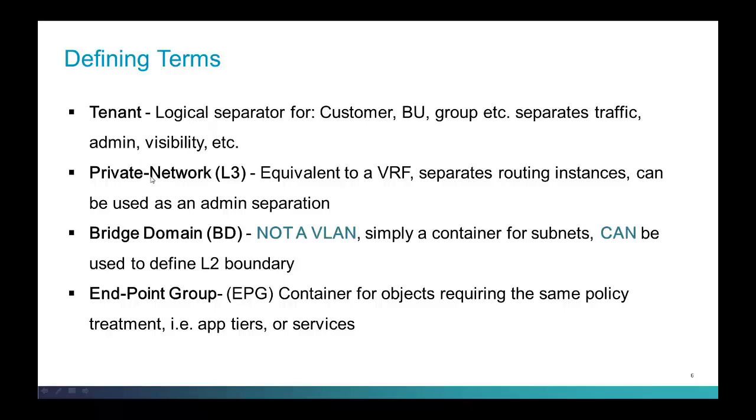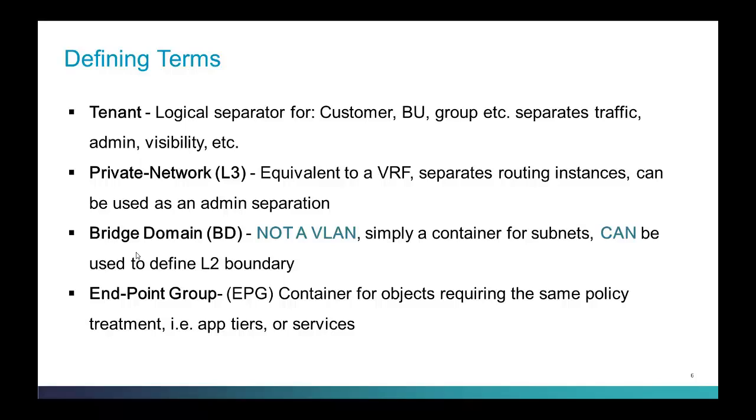This is kind of hierarchical. Let's just pretend the tenant is for a customer in this sense, and then it will make more sense for these attributes below here. Then you've got a private network, so that's simply the equivalent of a VRF. As you know, any customer could potentially have multiple VRFs for various purposes.